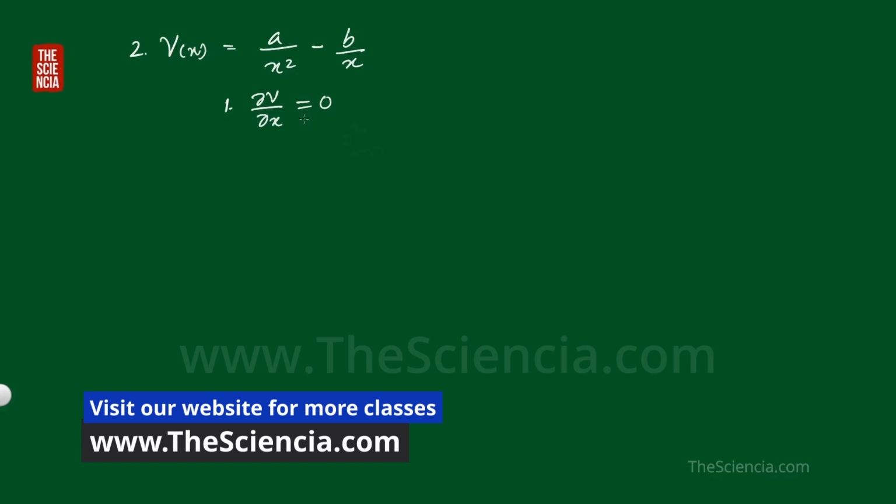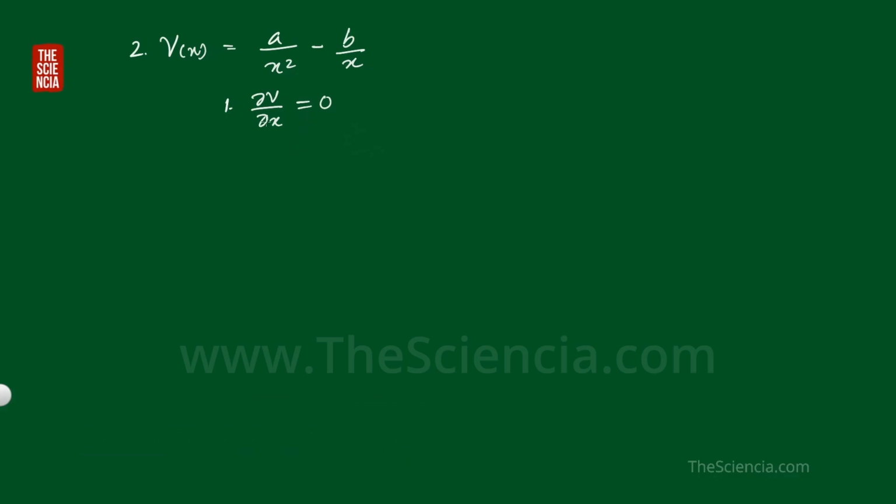Second example problem: V(x) = a/x² - b/x. The first step is to find ∂V/∂x = 0, because at the equilibrium point the slope will be equal to 0. By using this expression, we can find the equilibrium points of this potential.